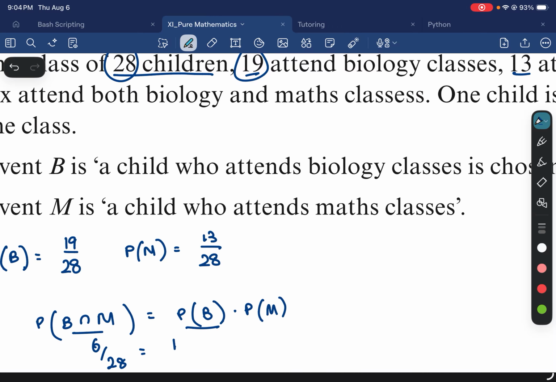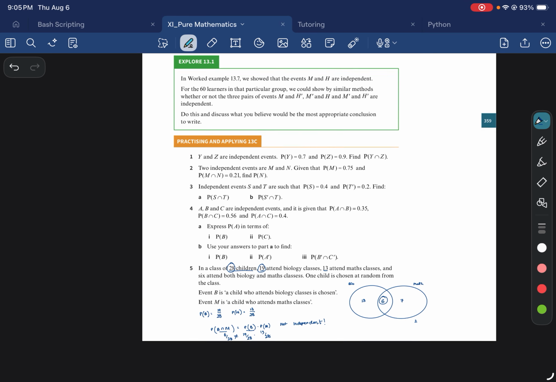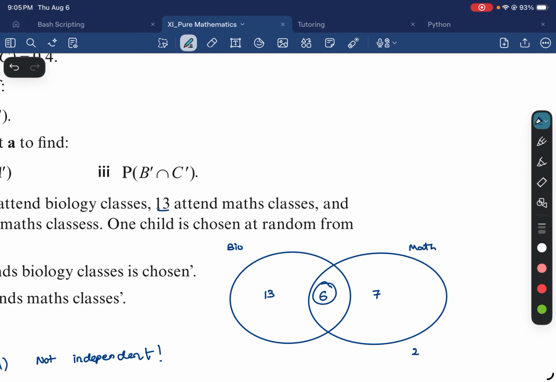And what is this? 19 over 28 times 13 over 28. So are these two equal? No, I think they are not equal. So that is why they are not independent. All right, that is all that you need to do. And this is the diagram. This is the Venn diagram.